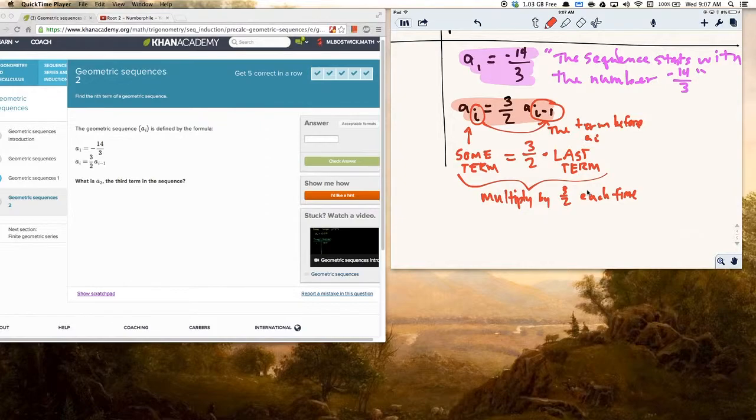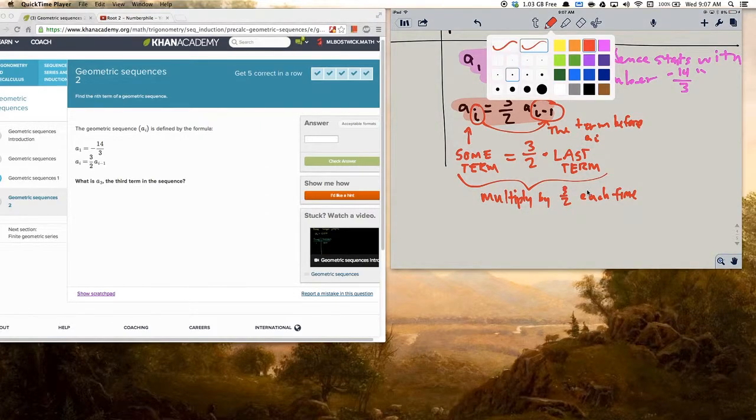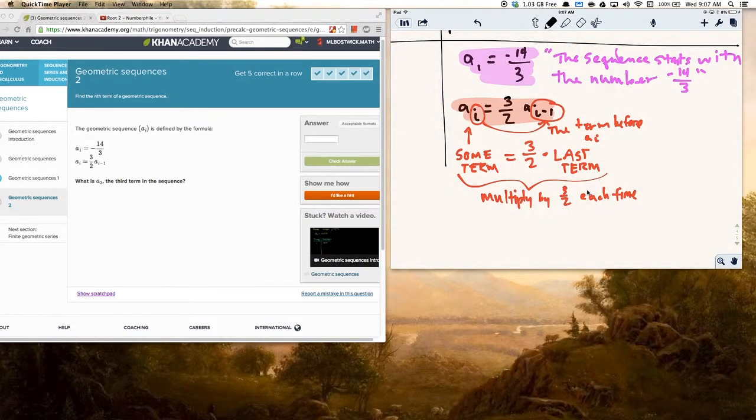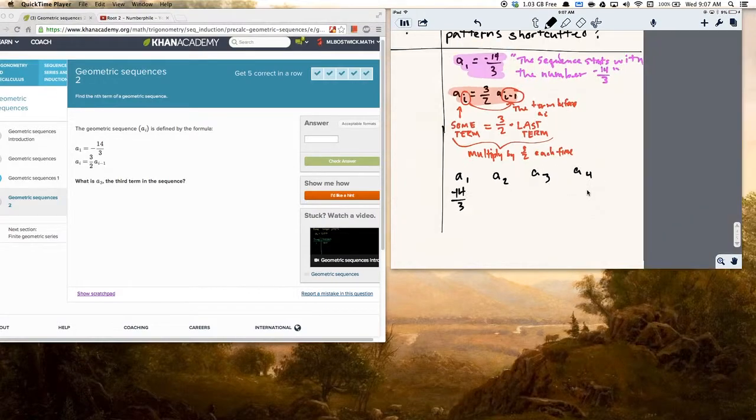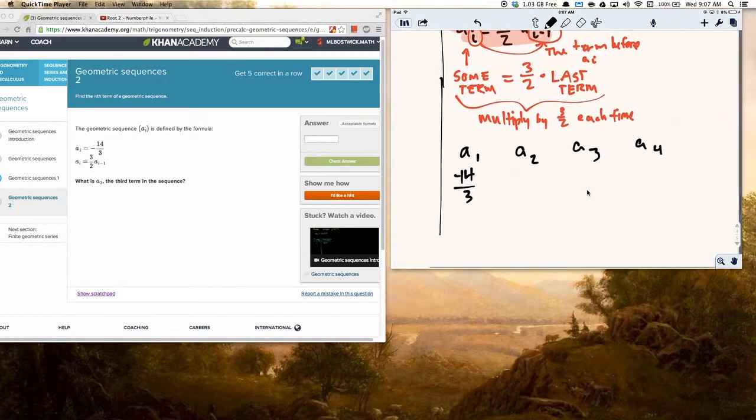Okay, so we're going to take a diversion here, and this diversion is going to explain the shortcut that we're going to do later, so hopefully you can get a clear idea about what's going on. And so I'm going to go ahead and start trying to write out this sequence. I'm going to write a1, a2, a3, a4, and we're going to notice some stuff. So a1 I know is negative 14 over 3, because it says it starts at negative 14 thirds.